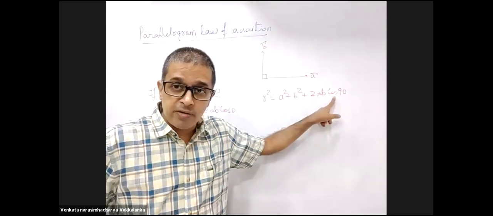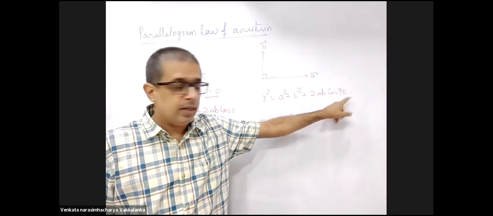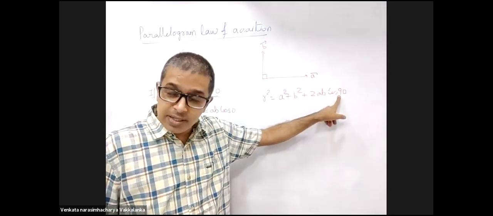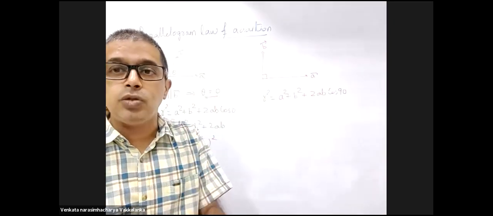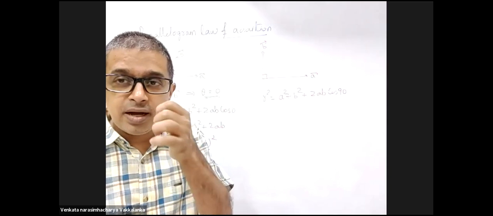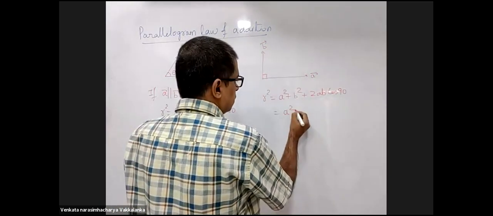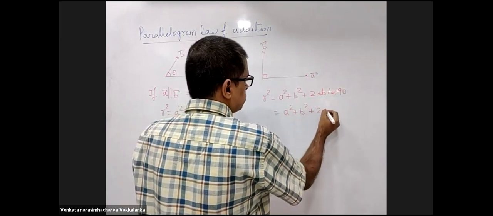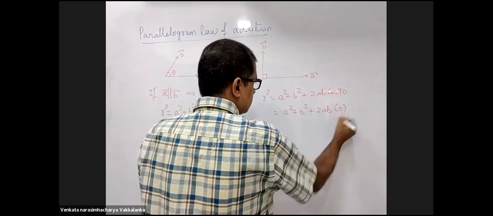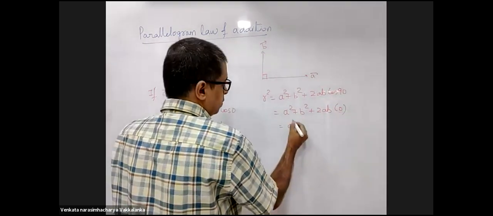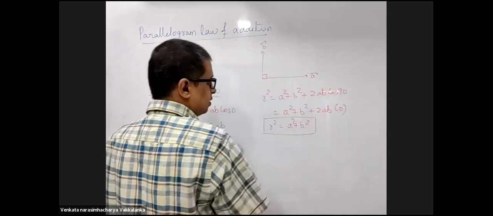In this formula of R square, theta is the angle between A and B. A square plus B square plus 2AB cos 90 is how much? 0. A square plus B square is R square.